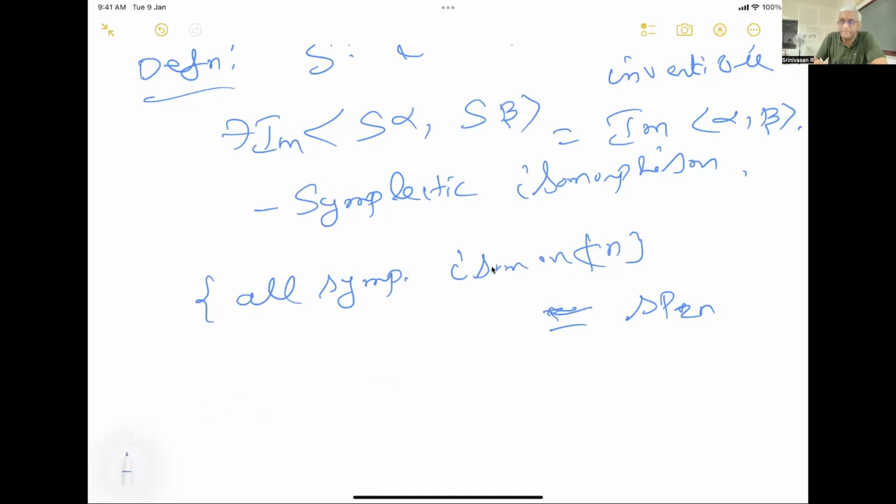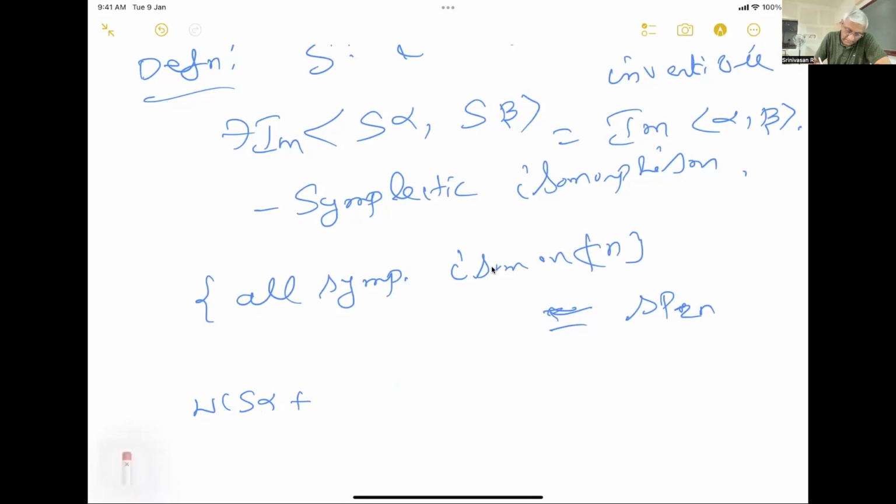There is again a big branch, the spin group, to study its representations and all that. So this W of S alpha, if you consider this, satisfies the same property.